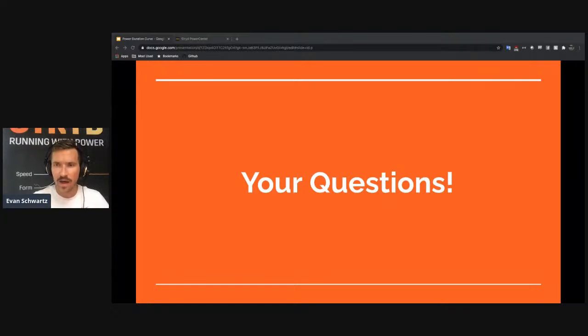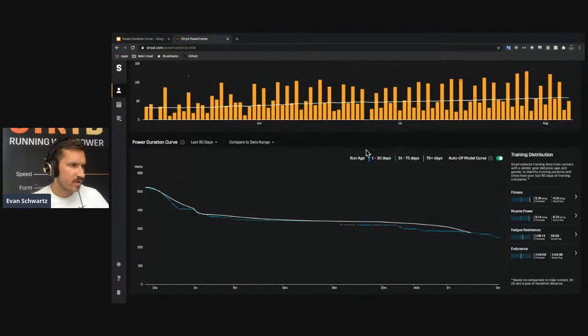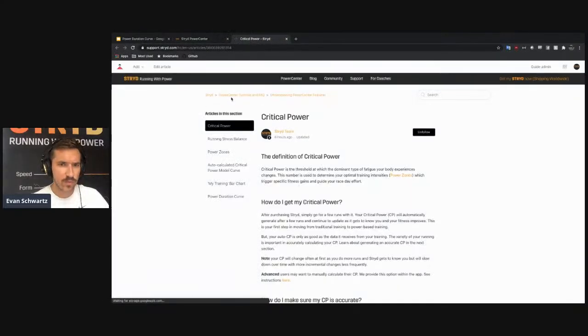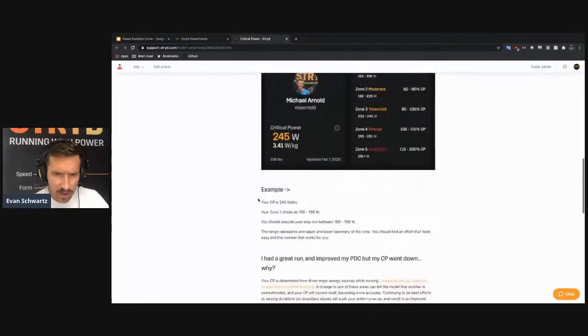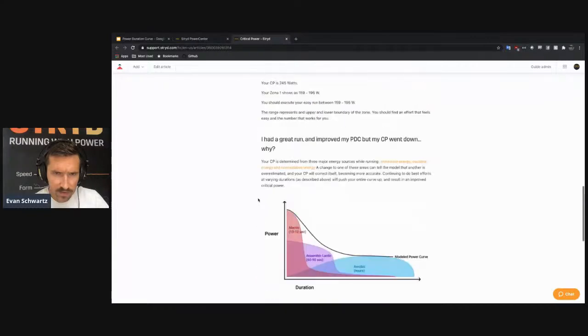Next question: the auto CP leverages 90 minutes of the curve. How are we able to accurately predict marathon efforts, which may be in excess of 2, 3, 4 hours plus? I think this is a great question. I don't want to say anything wrong and stumble through, but I will show on PowerCenter, under critical power, the full literature that we have about the model curve.